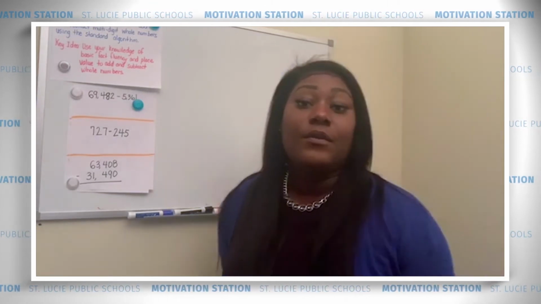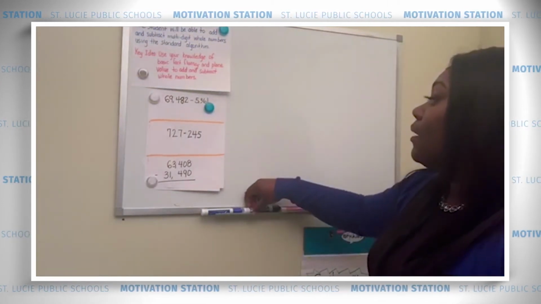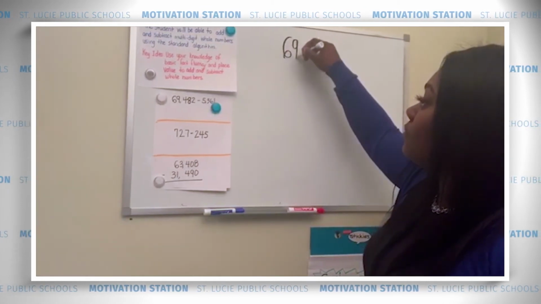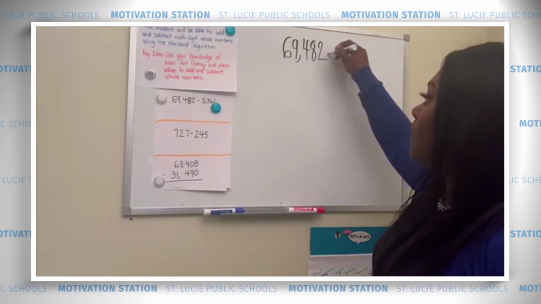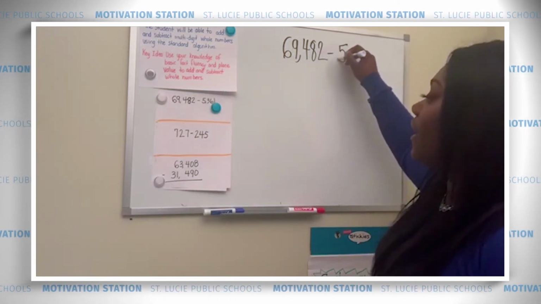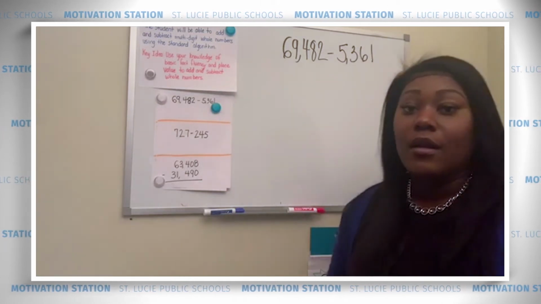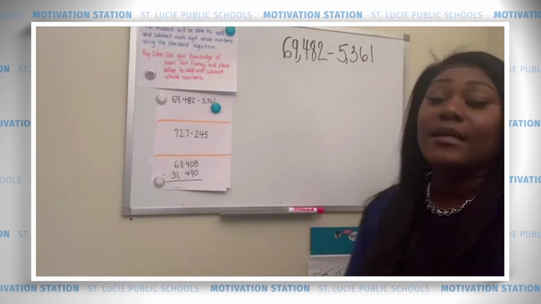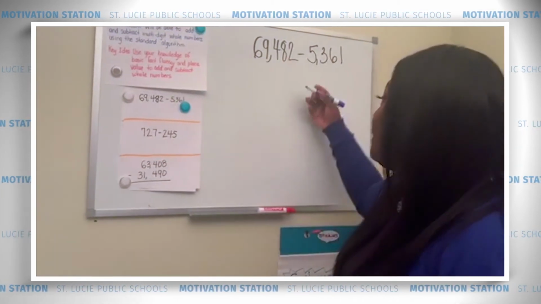And we've already reviewed the three types. Okay, so here we go. We have 69,482 minus 5,361. So again, you want to rewrite this problem because it is written horizontally, and you want to write it vertically.